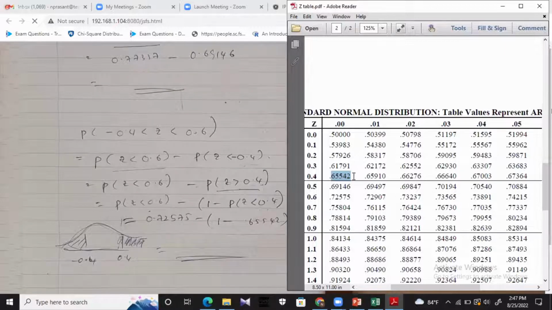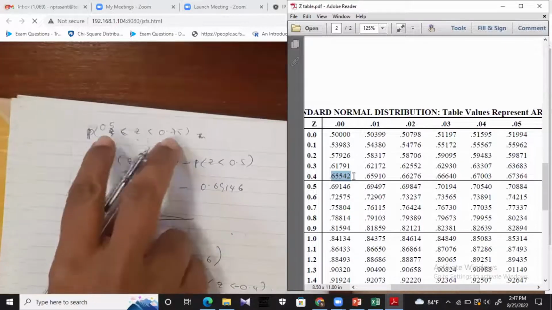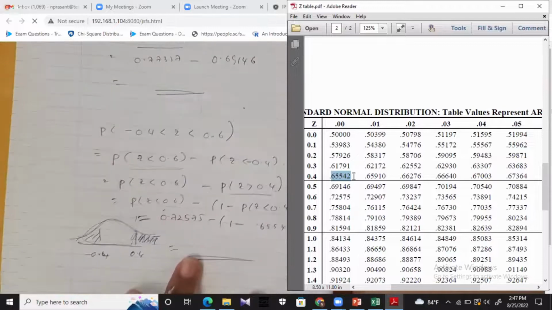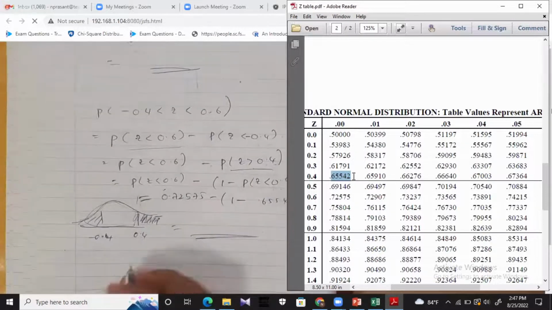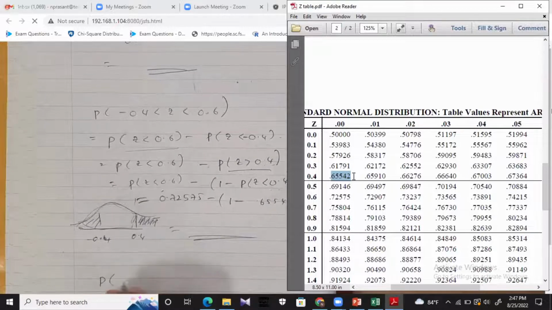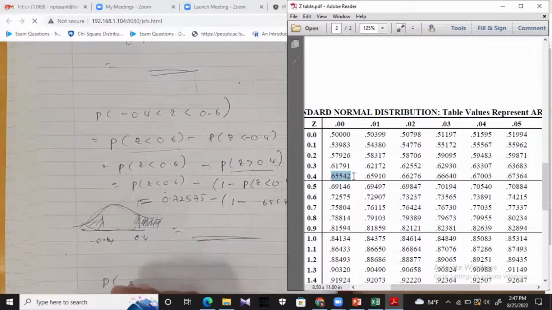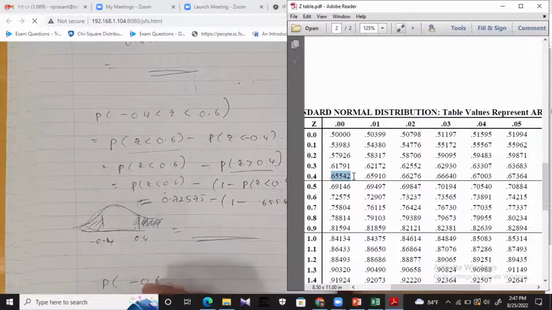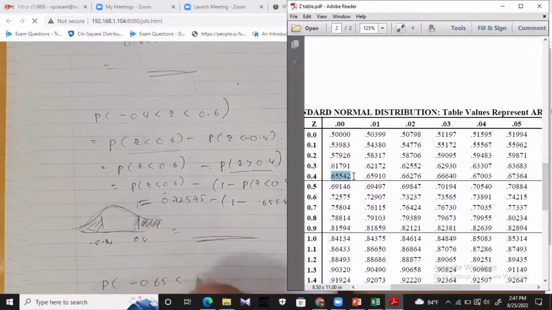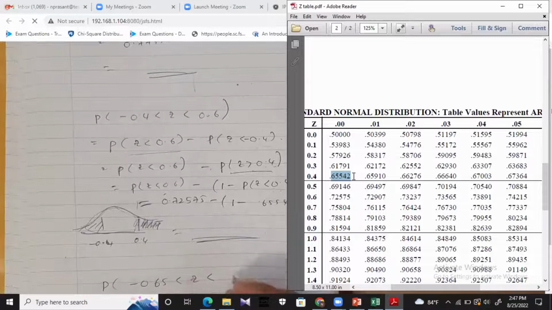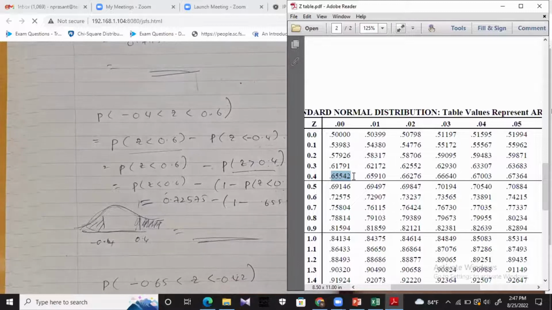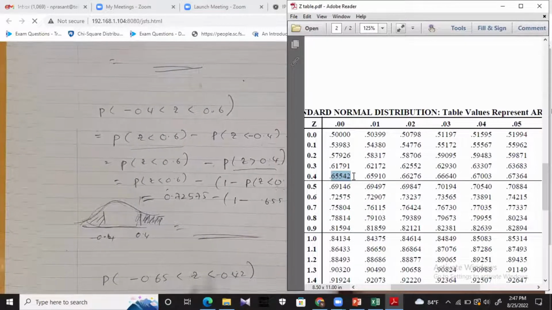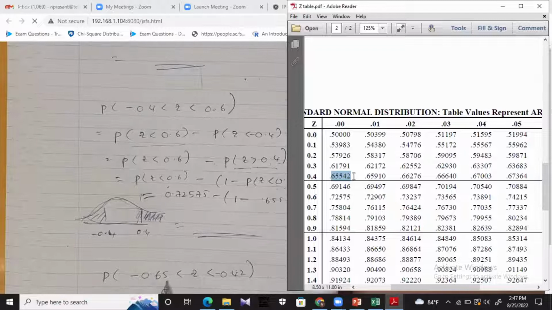Okay, so here we had two positive values. Here we have one negative value and one positive value. Now we will do this example: P(-0.65 < Z < -0.42). Minus 0.42 is greater than minus 0.65, no? Yes.